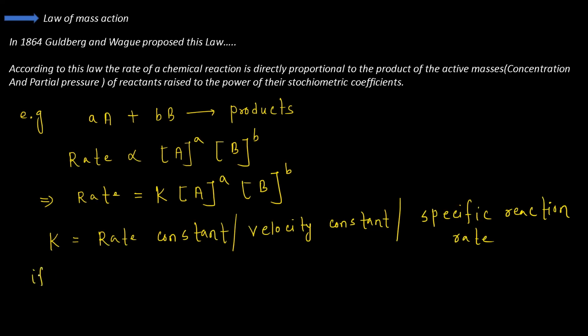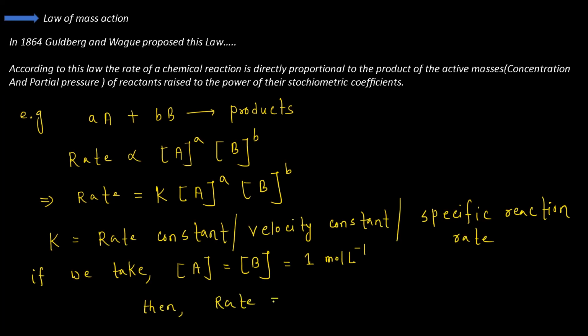If we take concentration of A is equal to concentration of B is equal to 1 mole per liter, then our rate will be equal to K dot 1 power a dot 1 power b.